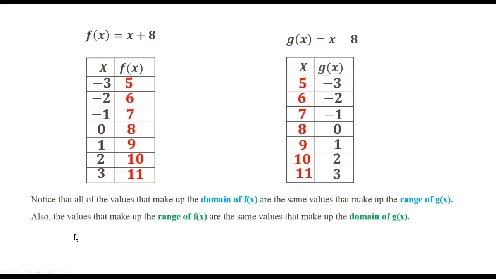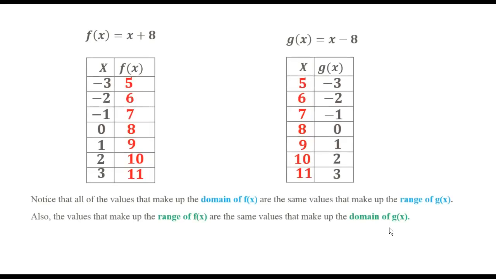Also, the values that make up the range of the f function are the same values that make up the domain of the g function. When something like this happens, what this means is that these functions are inverses of each other.